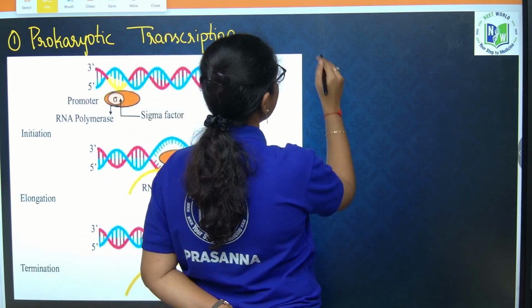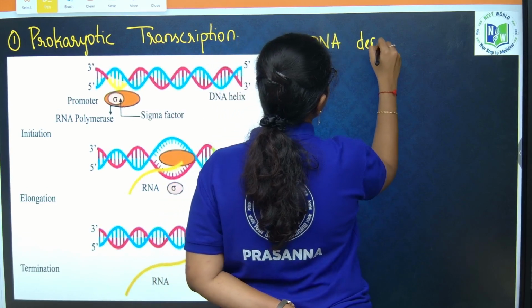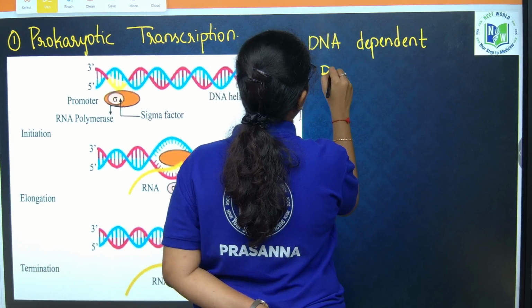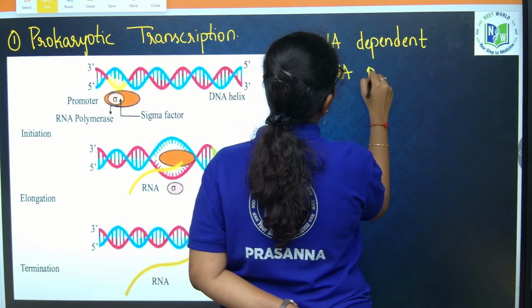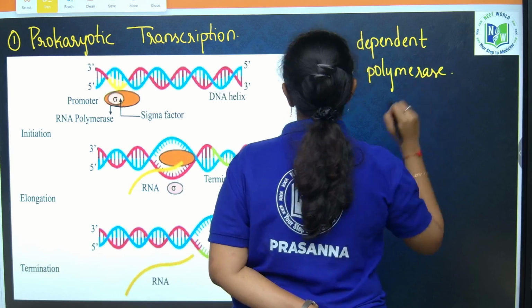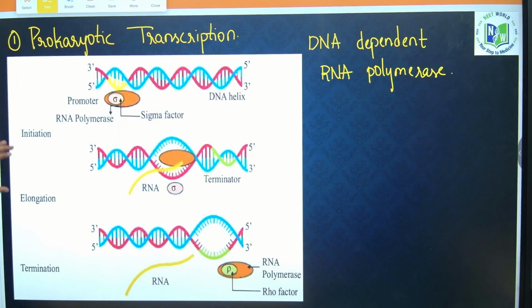What RNA polymerase? DNA dependent RNA polymerase, and it is divided into 3 stages. One is initiation, second is elongation, and third is termination.